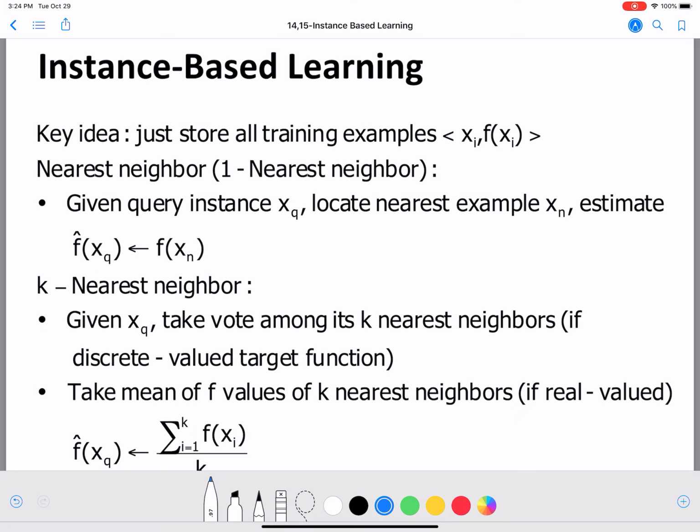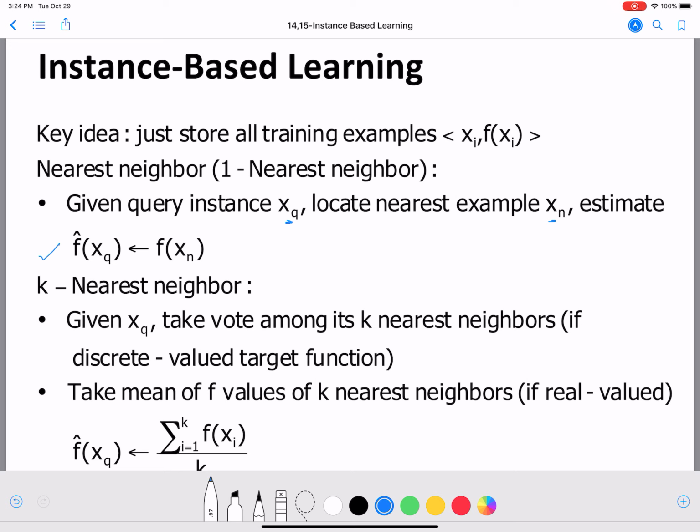All right, so the key idea behind instance-based learning is to store all the training examples. And then if you're going by one nearest neighbor, you locate the nearest example xn to the query example xq and estimate y to be equal to the same y for xn.